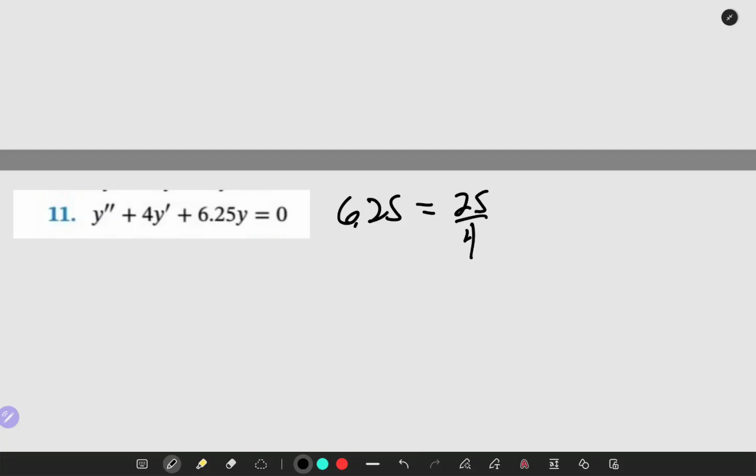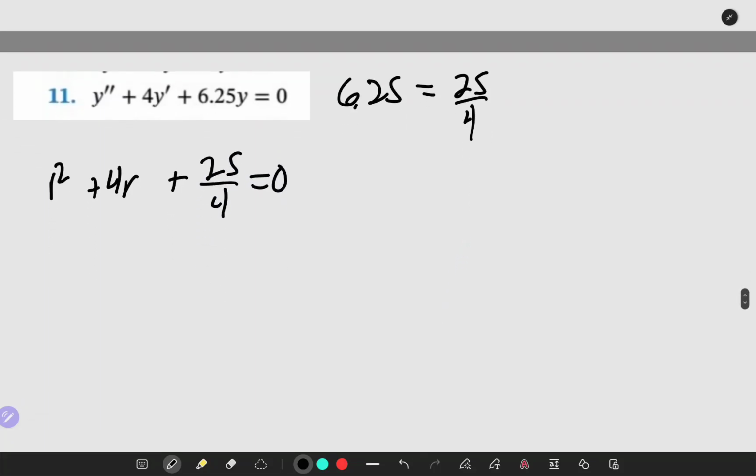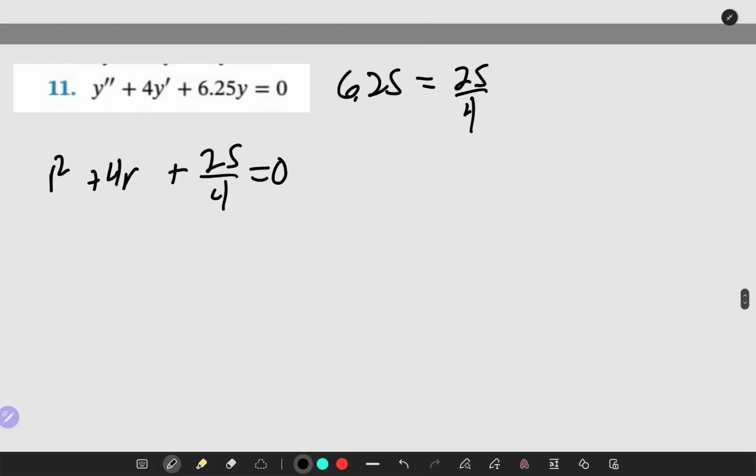So now, this would become r squared plus 4r plus 25 over 4. And I can already see that those 4s are going to cancel in our quadratic equation. See, once you do this for a while, you can kind of foresee what's going to happen.